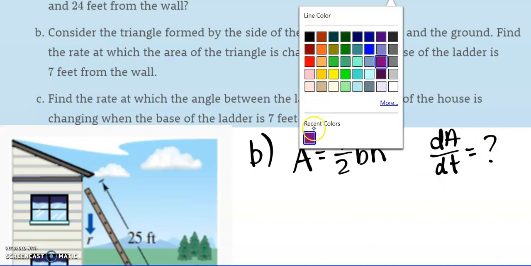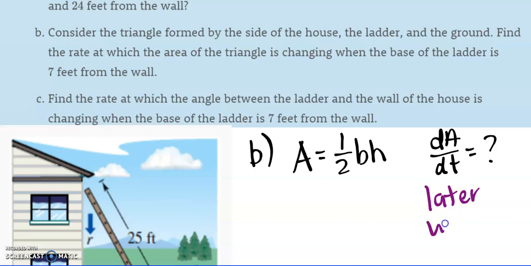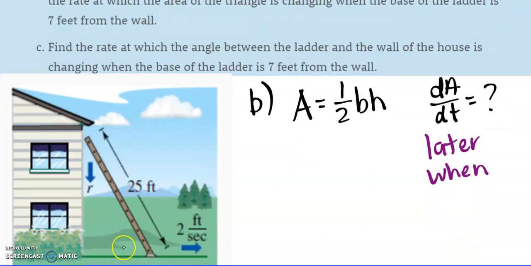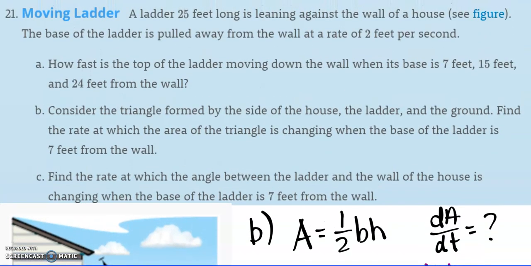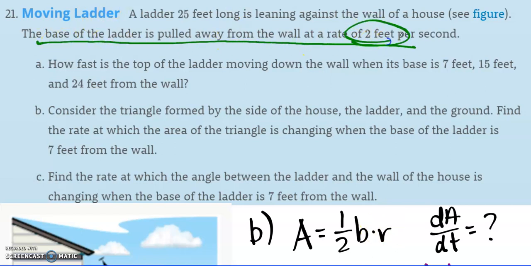Later, when the base, so I'm just going to call this B for base, later when B equals 7 feet. In this situation, I don't really have a way to get stuff in terms of just B's. I mean, you could if you were really savvy with the Pythagorean theorem, but you have information about R. The base of a ladder is being pulled away at 2 feet per second.